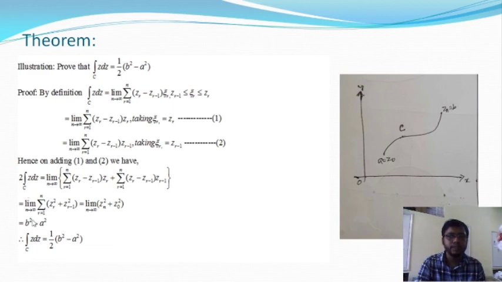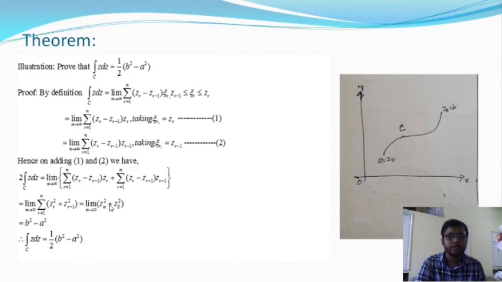After simplifying this, we will get the limit as n tends to infinity of summation r equal to 1 to n of z_r square minus z_{r-1} square. It is not a plus sign, it is actually the minus sign: z_r square minus z_{r-1} square. After that we evaluate the summation and putting the limit n tends to infinity, we will get the limit as n tends to infinity of z_n square minus z_0 square.